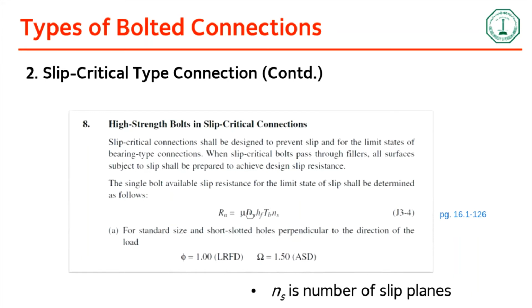There's a factor, and then we have a value of hf, which we usually take as 1, and the value of Tb is to be taken from table J3.1, that is page 16.1-119.